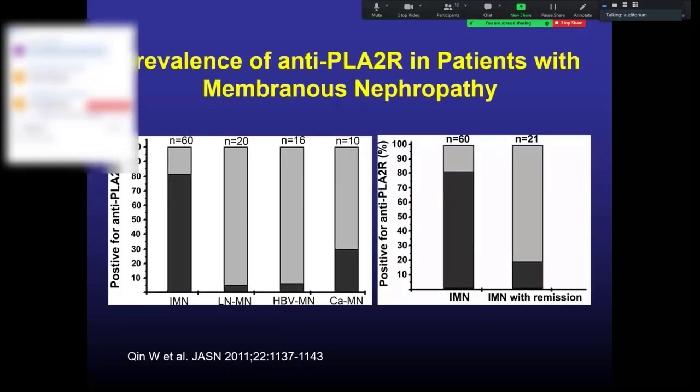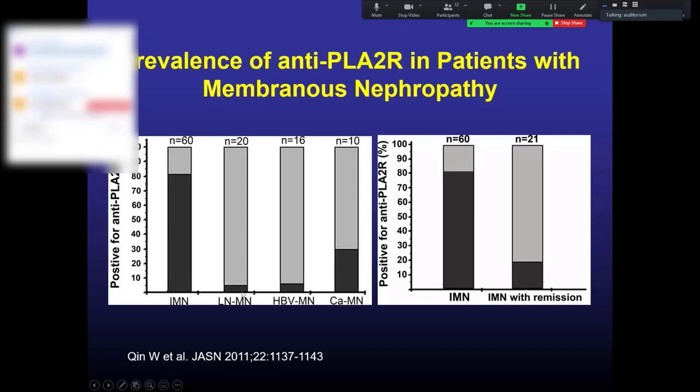What's really interesting is that membranous nephropathy is associated with secondary causes. In a different study from the original one, in their cohort, 80% of patients with primary membranous had antibodies, in this idiopathic category.